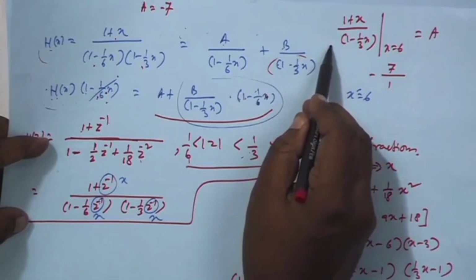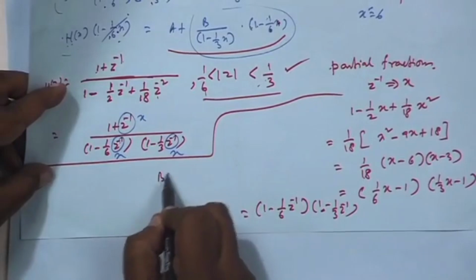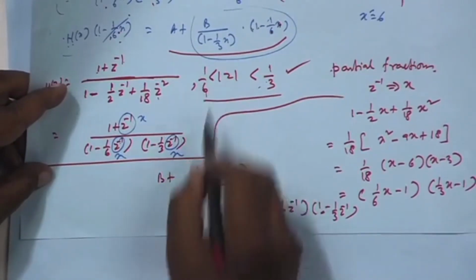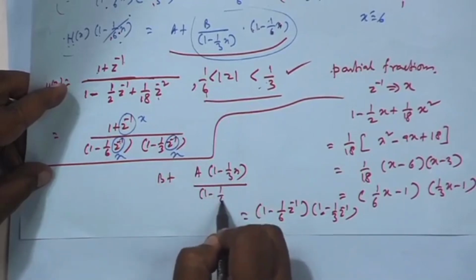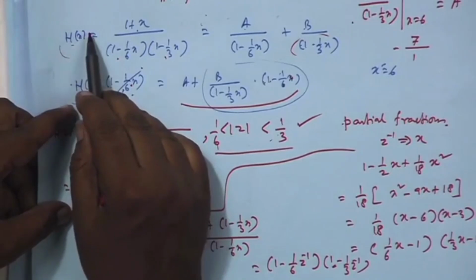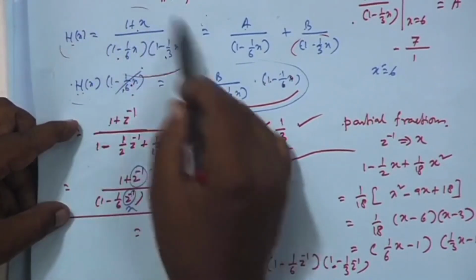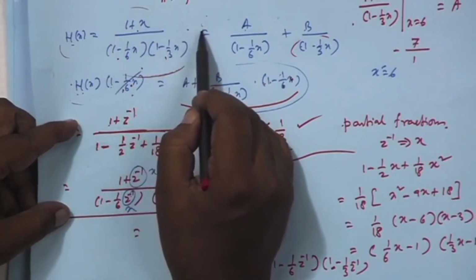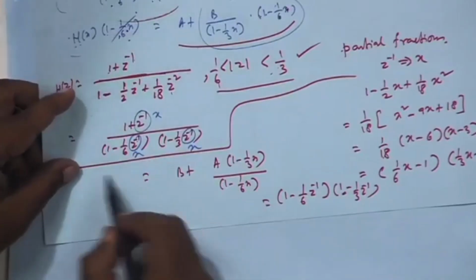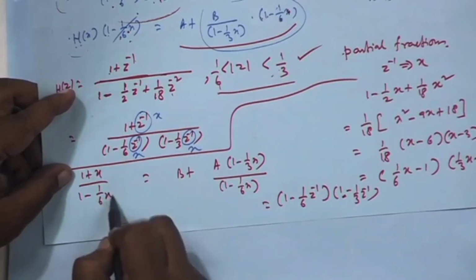So, 1 minus 1 by 3 x, 1 minus 1 by 3 x, they cancel, I am left with B. And in case of A, 1 minus 1 by 3 x here, divided by 1 minus 6x. Left hand side, H(x) into 1 minus 1 by 3 x, that cancels with this. I am left with 1 plus x by 1 minus 6x.